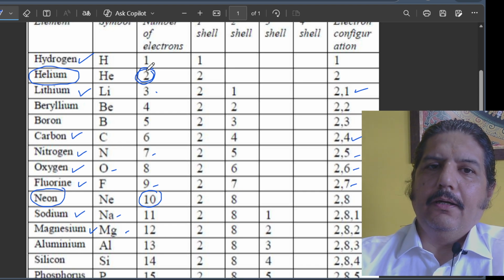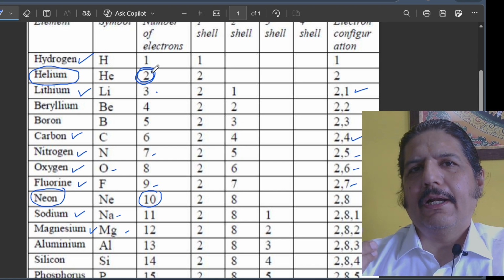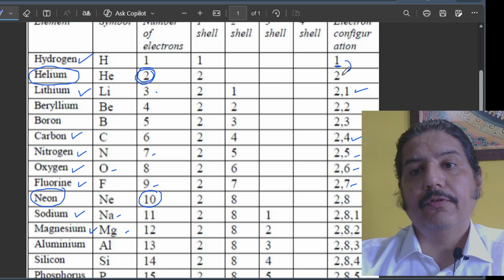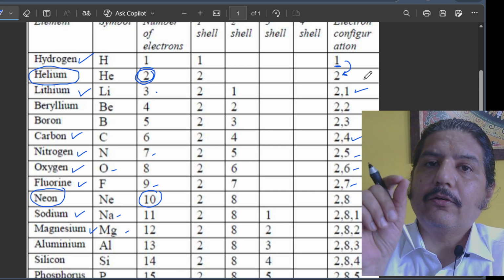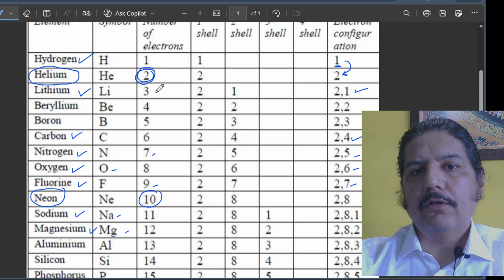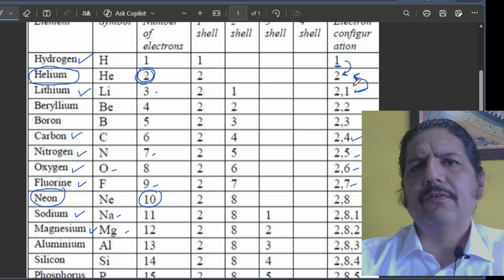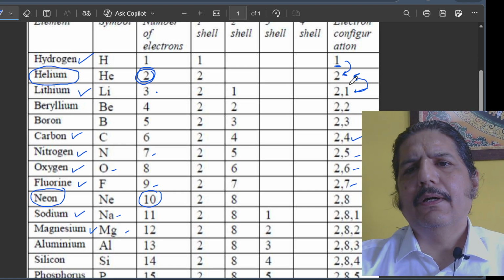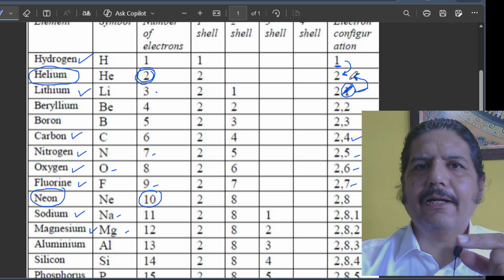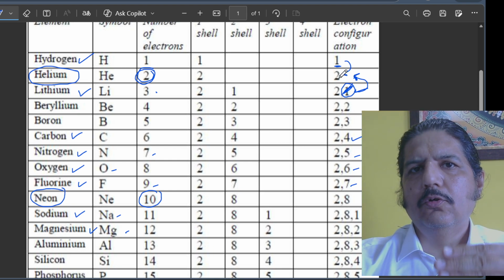It only has an electronic configuration of 1, so it will like to have one more electron in the outermost shell. Similarly, lithium will like to have a configuration like 2. So basically, what lithium will aspire for is to lose this one electron, because if it loses this electron, it will have the electronic configuration of the nearest noble gas.